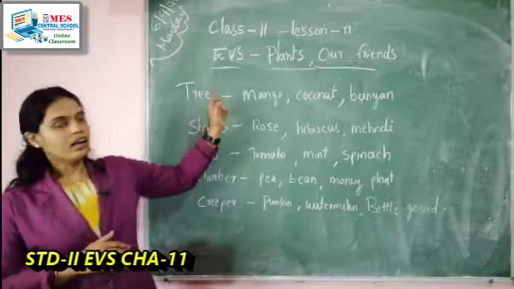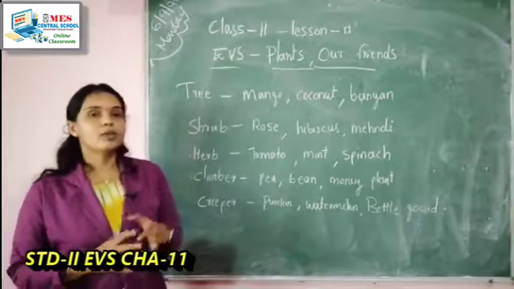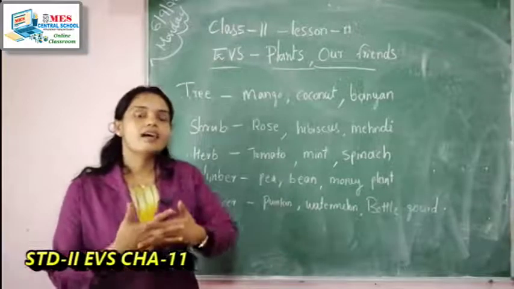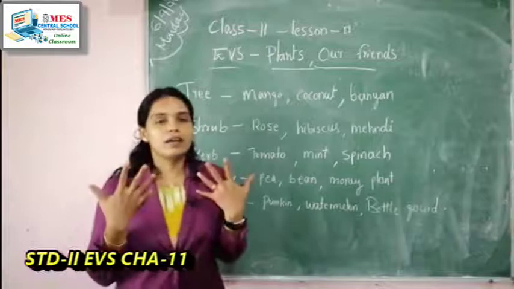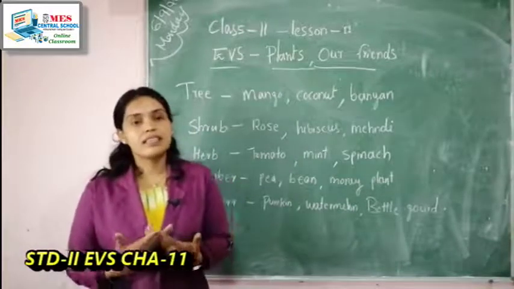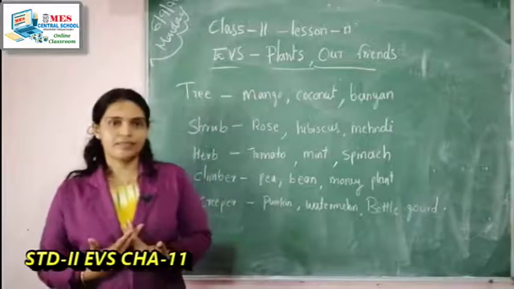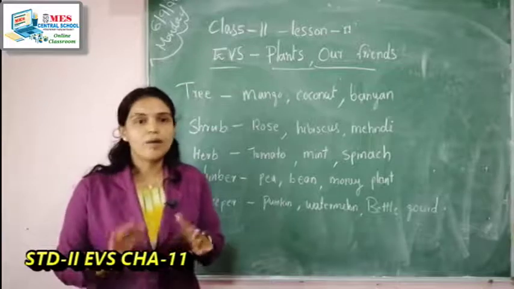First of all, about trees. Is there any mango tree in your home, or any coconut tree, jackfruit tree? These are trees. How do these trees differ from other small plants?